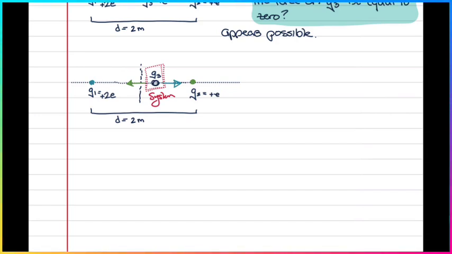So the forces on my system, I expect to be kind of F on Q3 from Q1, and then I also expect there to be another force on Q3 from Q2. And those are the only two forces in town, and so that better equal the mass of Q3 times the acceleration of Q3.